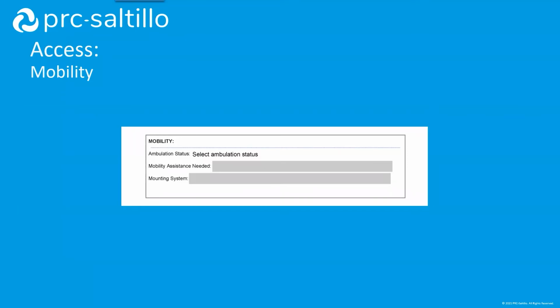Mobility. I'll jump in here. This is also a fairly short and simple section. In this mobility section, we're really talking about the gross motor skills of our client. Are they ambulatory? Are they using an assistive device like a walker or crutches or quad cane? Or maybe it's a wheelchair, but we're just describing what their mobility status is here.